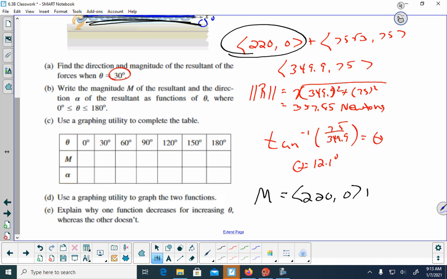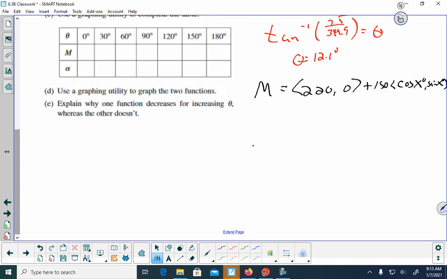And then I'm going to add it to the 150, which is the magnitude, times the cosine of whatever angle, I'm going to call x, and the sine of x. So my magnitude is always going to be 220 plus 150 times the cosine of x degrees, squared.